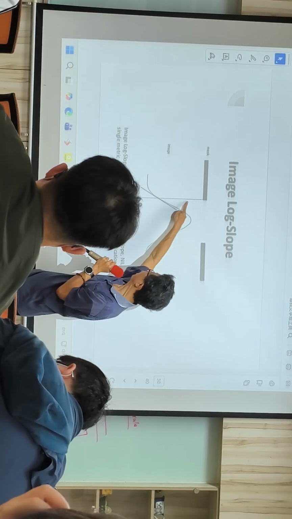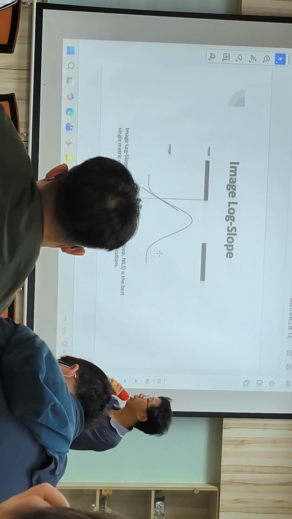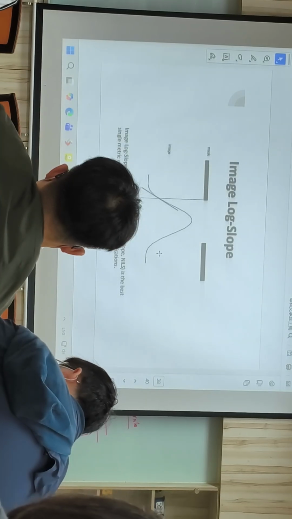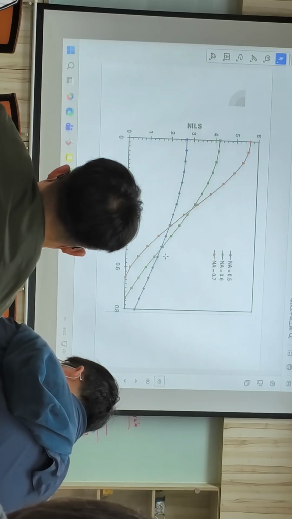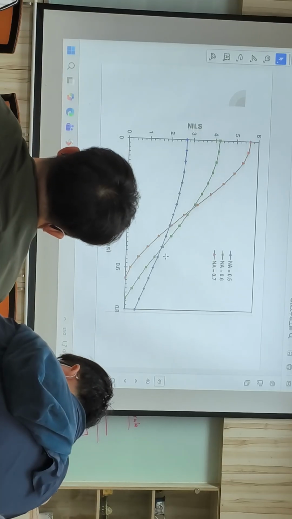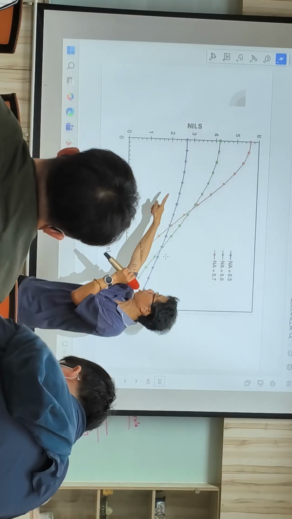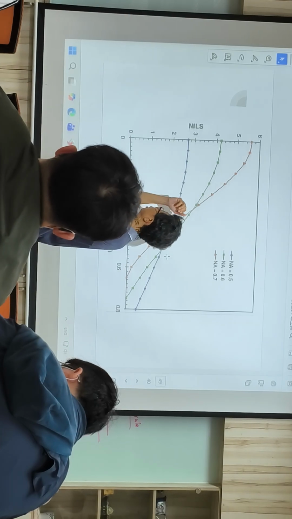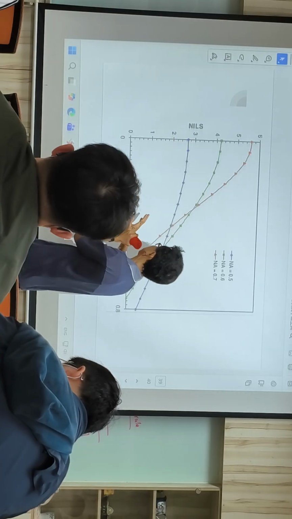But if you have a very high slope, almost 90 degrees, then you have very good image contrast, the log slope. Usually higher means higher image contrast. So when you have 6, it's larger than 3, so higher image contrast.